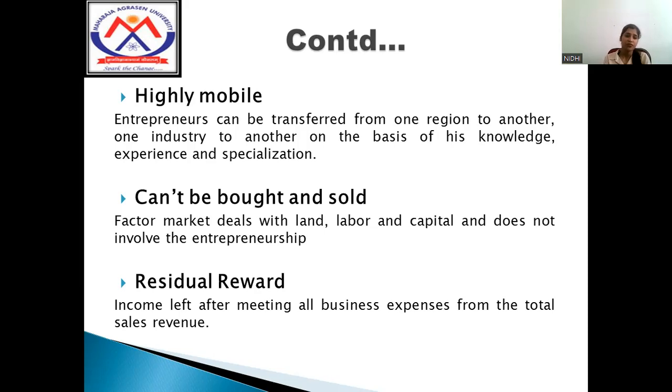Next is the residual reward. As I told you earlier, an entrepreneur's income is completely uncertain. Entrepreneurs do not get any salary.